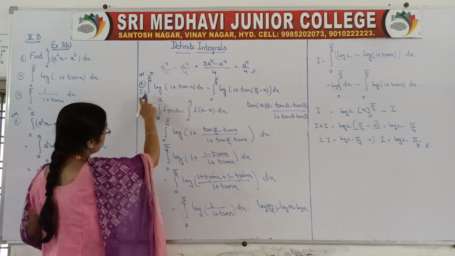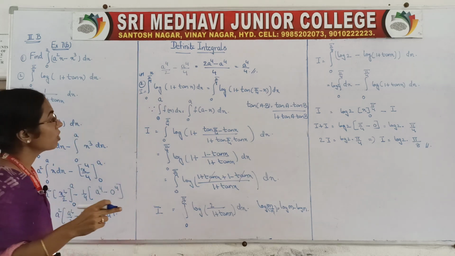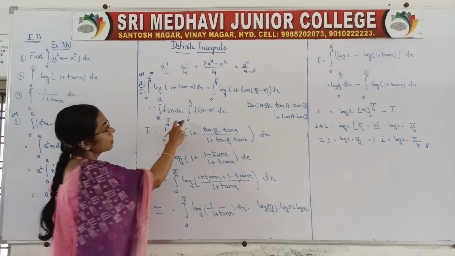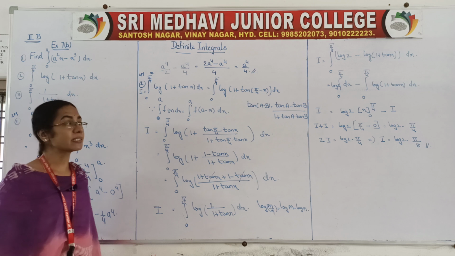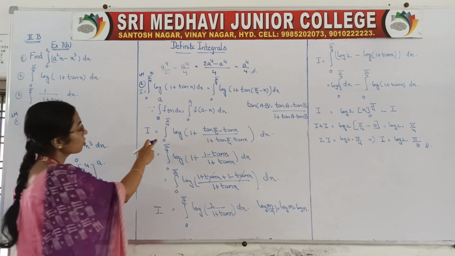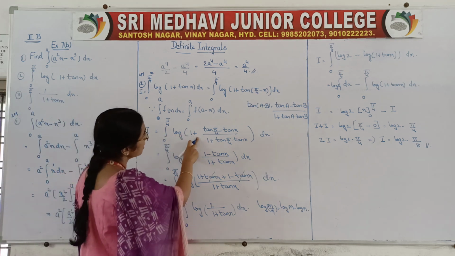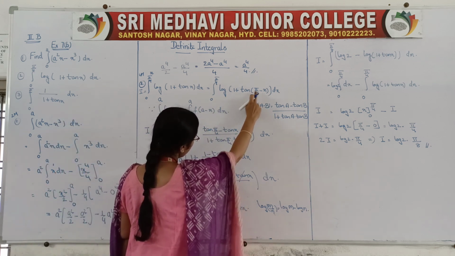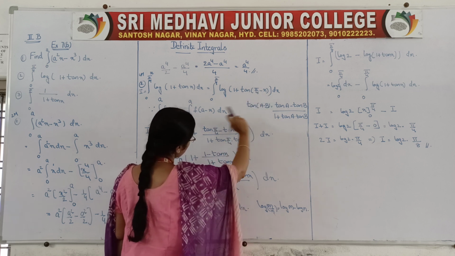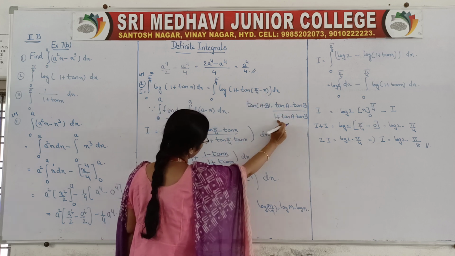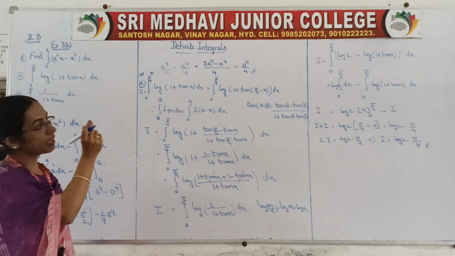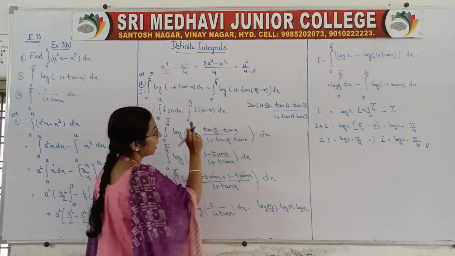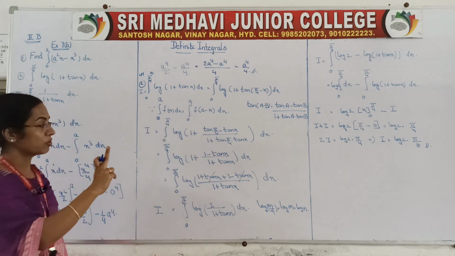Just consider the given question as I. Then you apply this most repeated formula: integral 0 to a f of x dx as integral 0 to a f of a minus x dx. So integral 0 to pi by 4 log of 1 plus tan, we applied that formula right here. This is of the form tan of a minus b. Tan of a minus b is tan a minus tan b by 1 plus tan a tan b. In a place we are having pi by 4, so we substituted. And tan pi by 4 means tan 45, its value is 1.